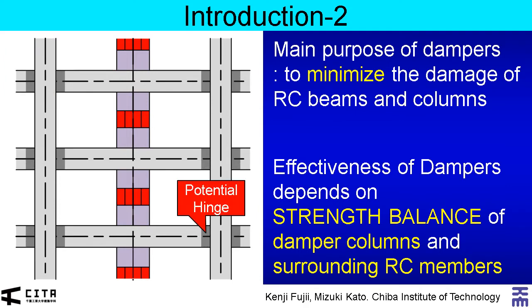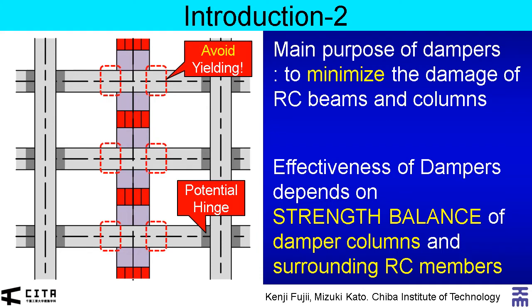Following the weak beam strong column concept, the beam ends shown here are considered as the potential hinges. However, the yielding of the beam end sections connected to the damper columns should be avoided because it may lose the effectiveness of damper columns.